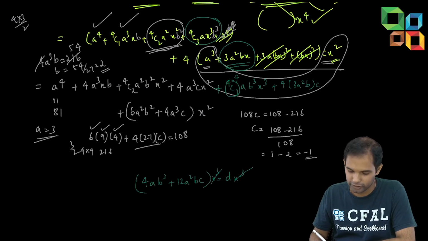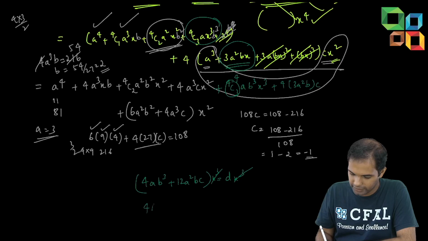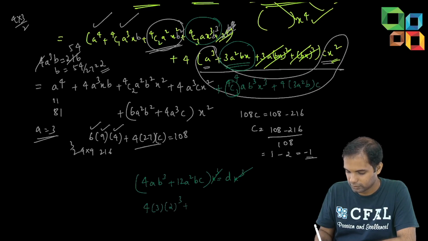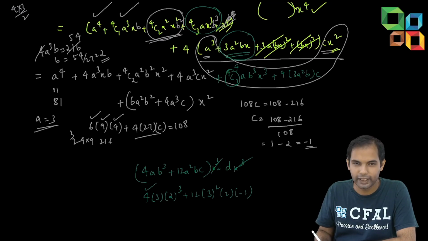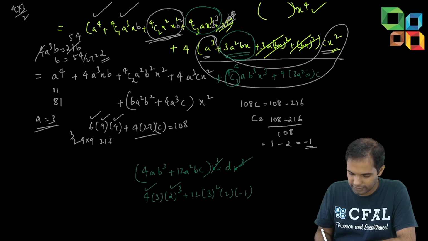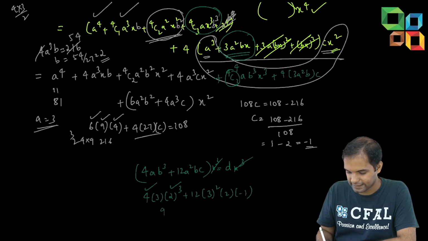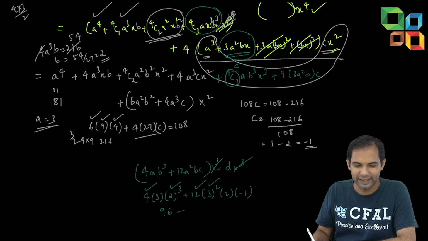Now all we have to do is multiply. 4 into a is 3, b cube is 2 cube, 12 into a square is 3 square, b is 2, c is minus 1. How much is this? 4 into 8, 32. 32 into 3, 96. This has a minus sign, so minus. 12 into 9, so 108.